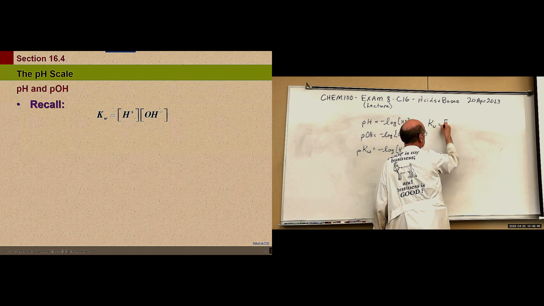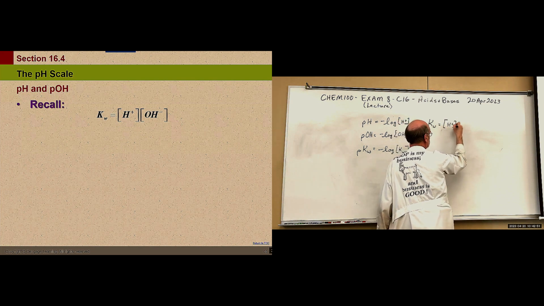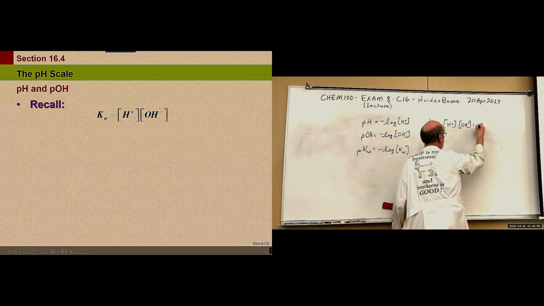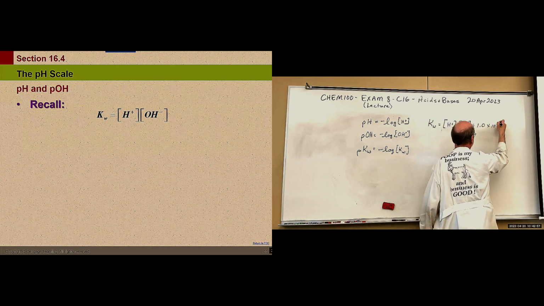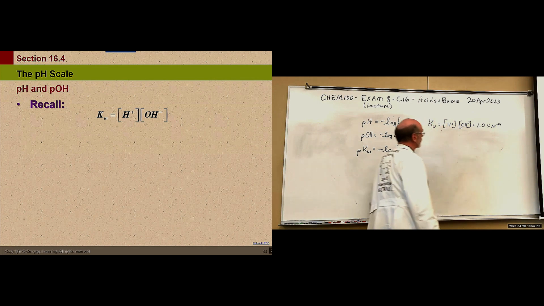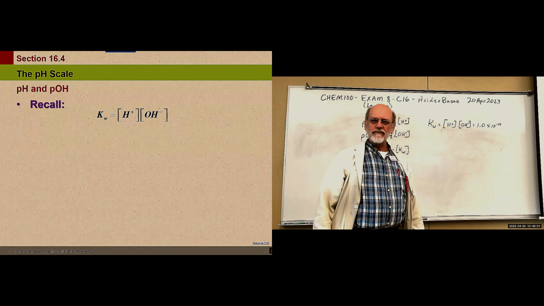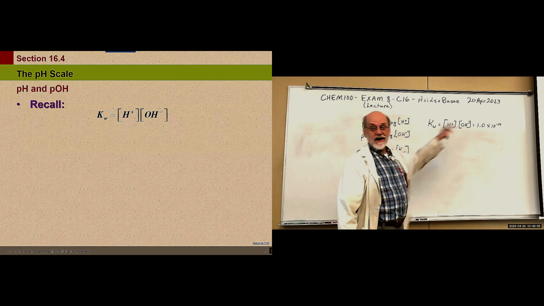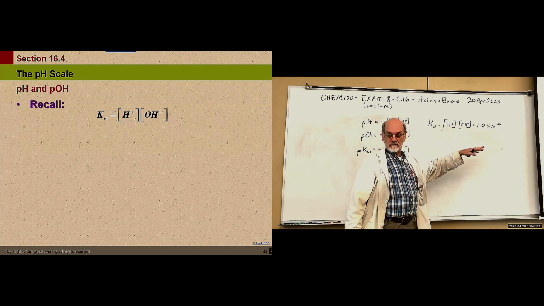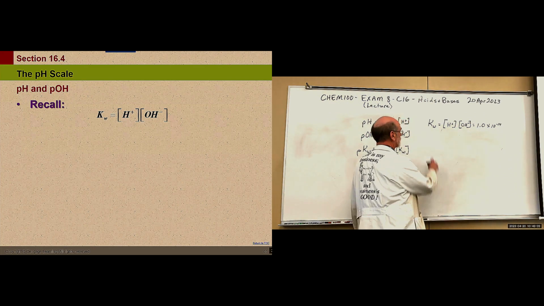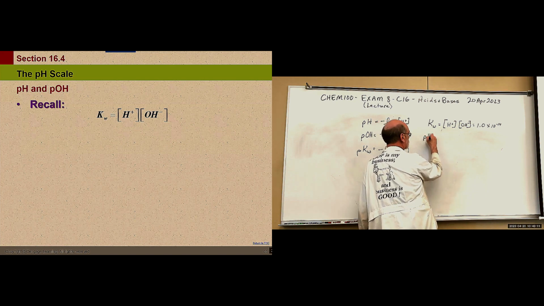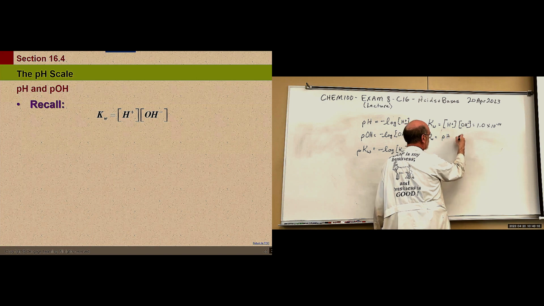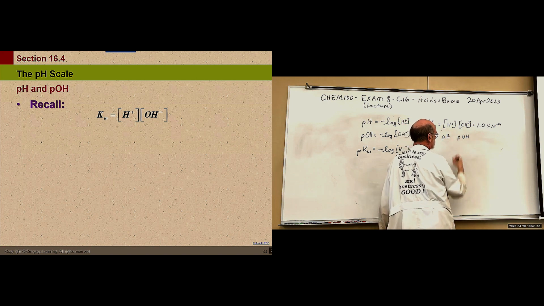Kw equals hydrogen ions times hydroxyl ions. And that's equal to 1.0 times 10 to the minus 14. Okay? So what if we do this negative log thing to the entire equation? This would be pKw. This would be pH. This would be pOH, right?